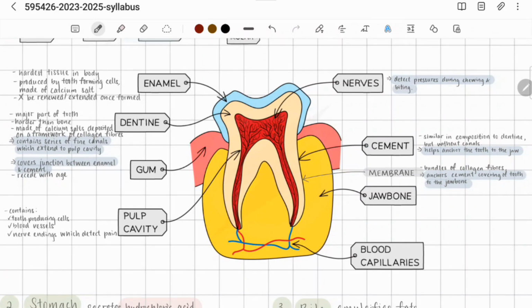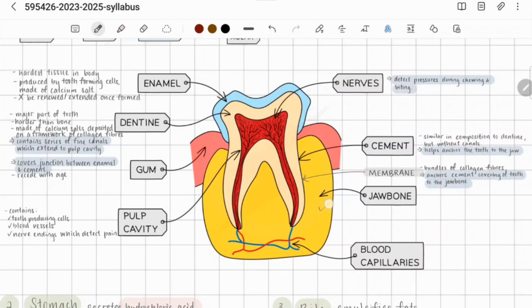It is also made of calcium salt deposited on a framework of collagen fibers. Same, but they don't have canals. Cement basically helps to anchor the tooth to the jaw, so that our teeth won't shake or come out. The membrane over here is bundles of collagen fibers, which also anchor the cement, covering the tooth, to the jawbone.